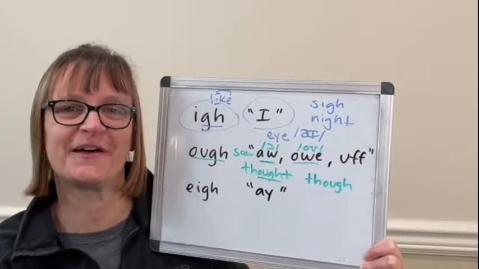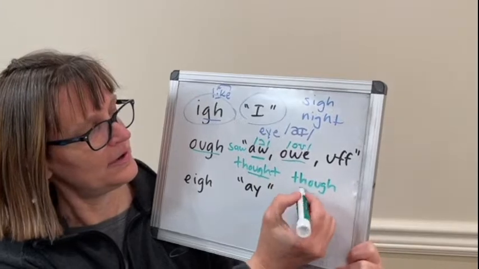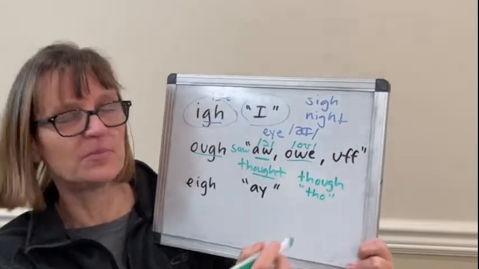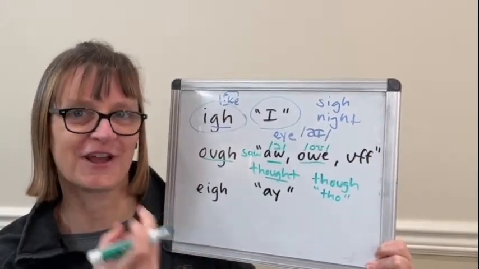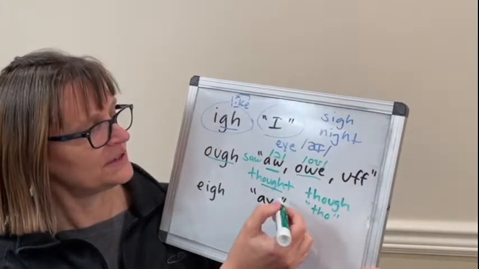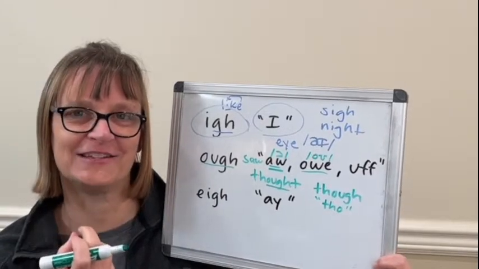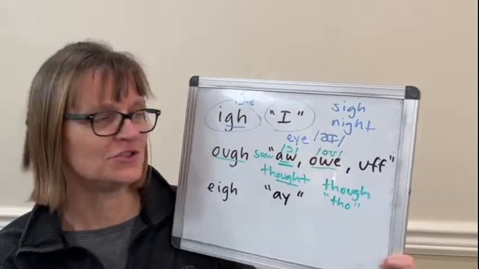We also just spell that with the letter O, like in no. So when you think about though, you could visualize it like that, and people probably do actually abbreviate it that way in texts and other casual messages. And then for thought, I would also probably visualize that as an AW. That can help you make sense of this confusing OUGH spelling.